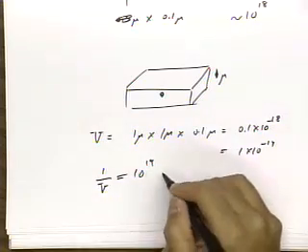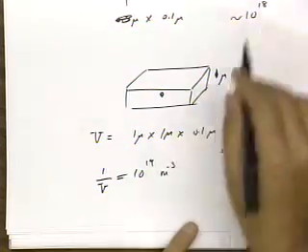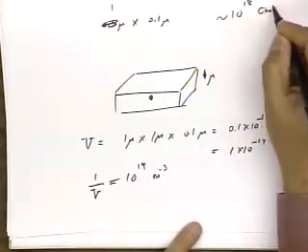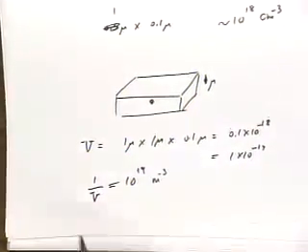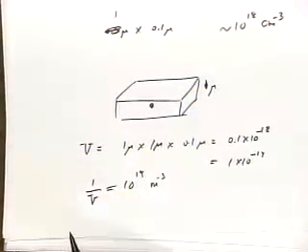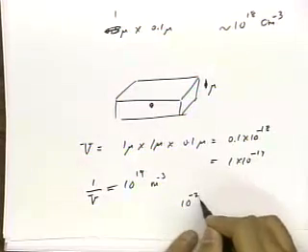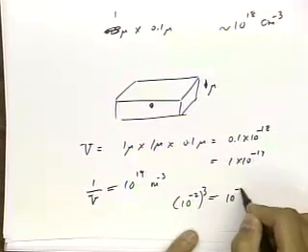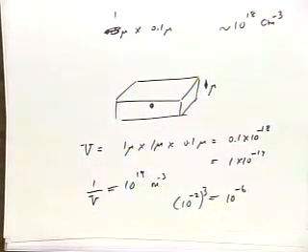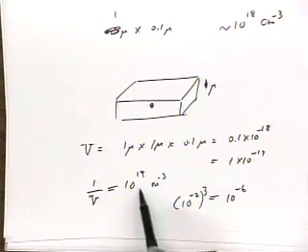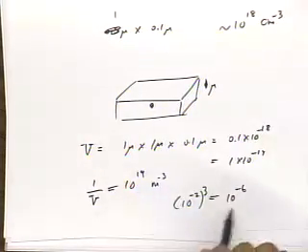But this is per meter cubed, not per centimeter cubed, right? So the conversion factor is 10 to the minus 2 cubed, or 10 to the minus 6. So per cubic centimeter, this is still pretty healthy doping, right?